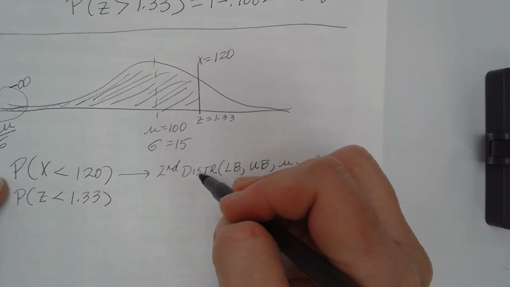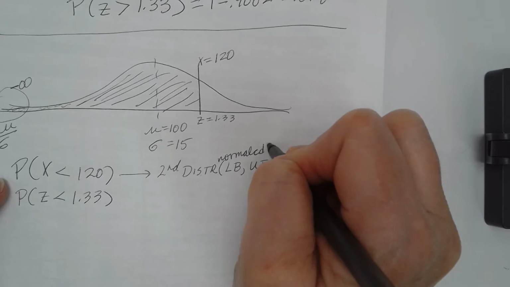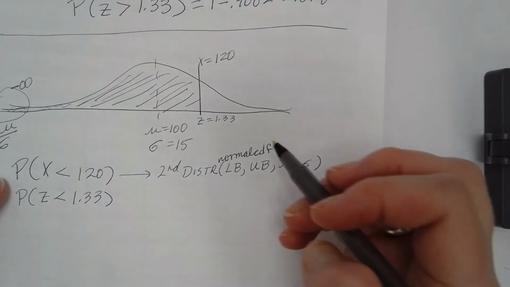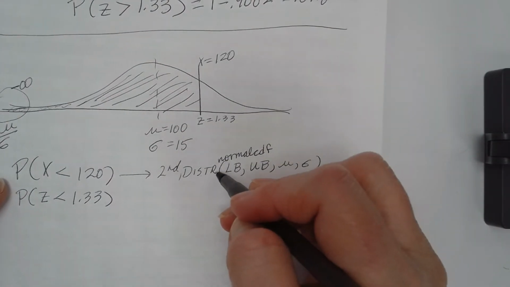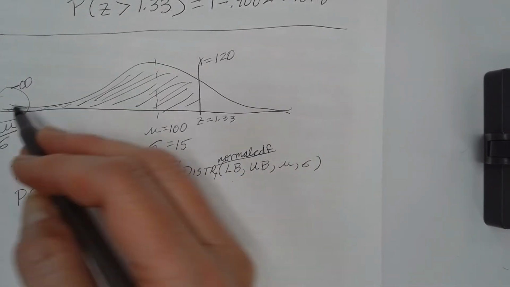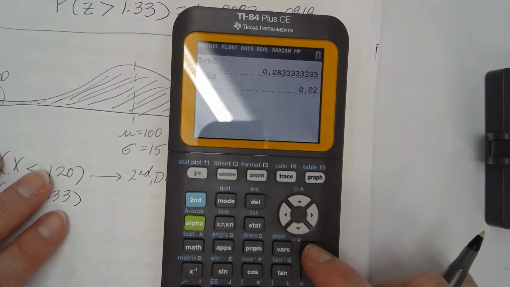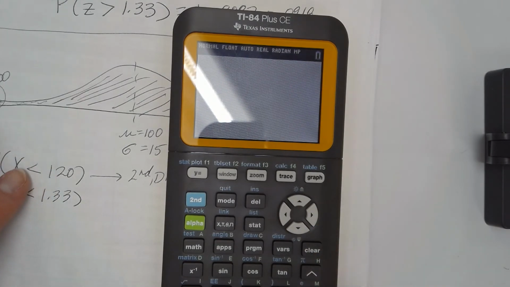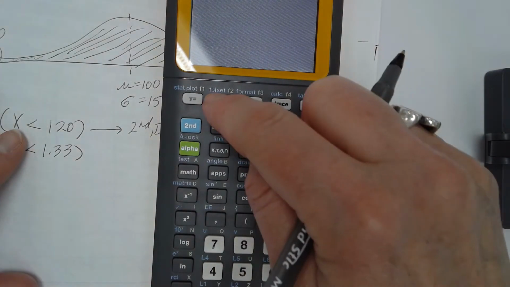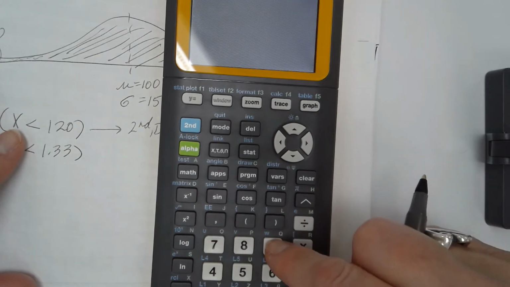I forgot. Second distribution, normal CDF, cumulative density function. It's a whole area accumulated. Okay. So second distribution, normal CDF, and then you put in the lower boundary. Since we can't put in negative infinity, what we put in instead is negative, down here at the bottom, and then 1, so negative 1, and then second, this double E is the comma key, and then 99.